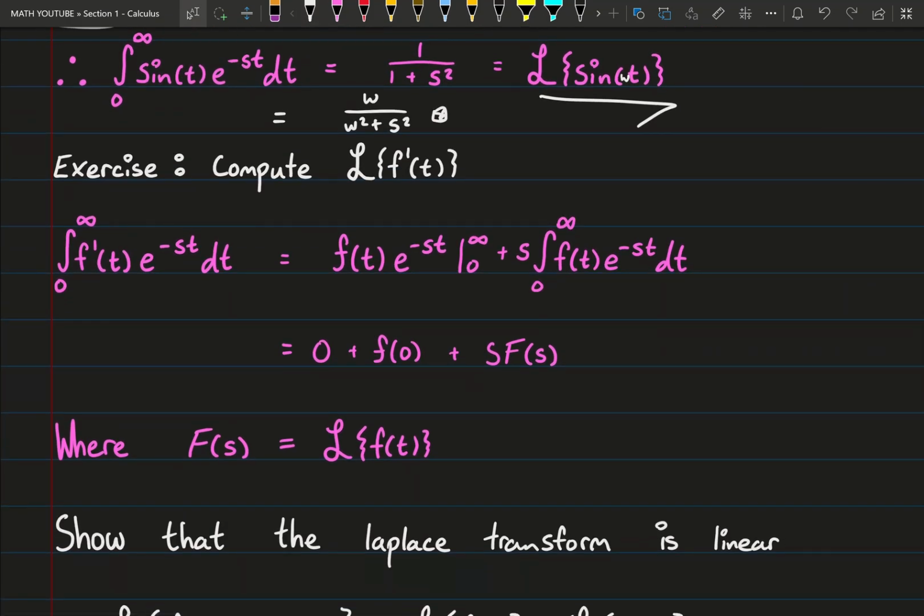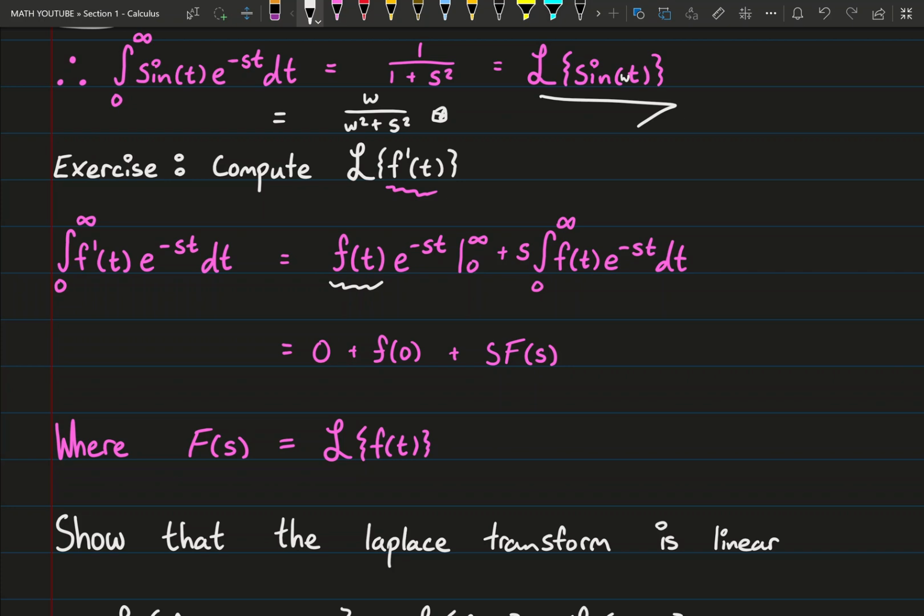Okay, so now let's take a problem where we want to compute the Laplace transform of f prime of t. In this case, we take a similar approach, and it's actually not so hard to do. So we want to use integration by parts, and we want to integrate our derivative part.